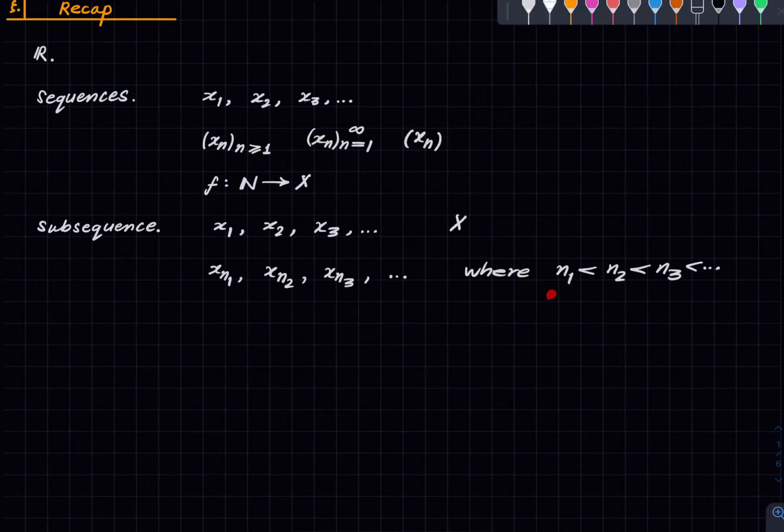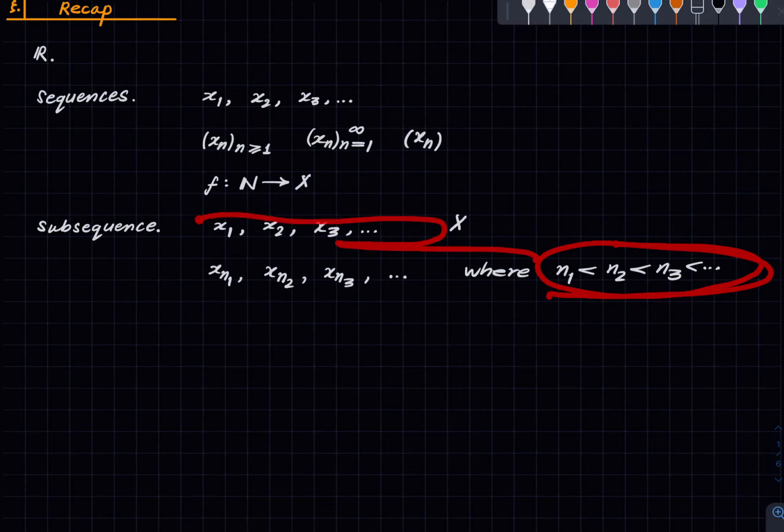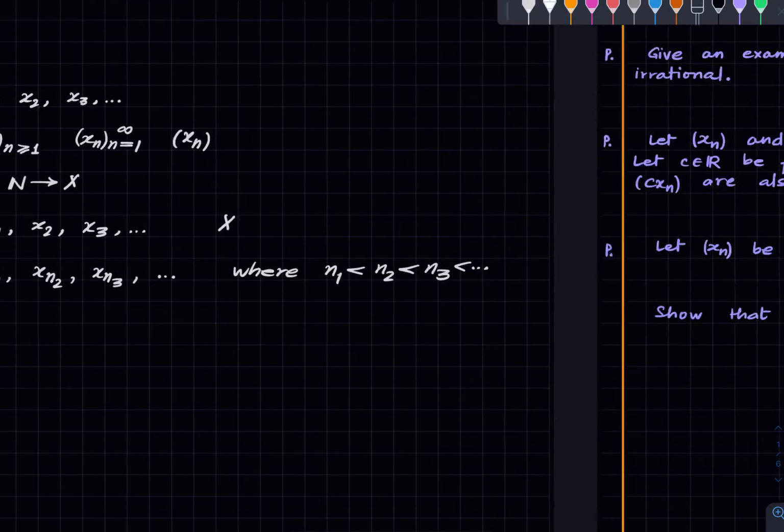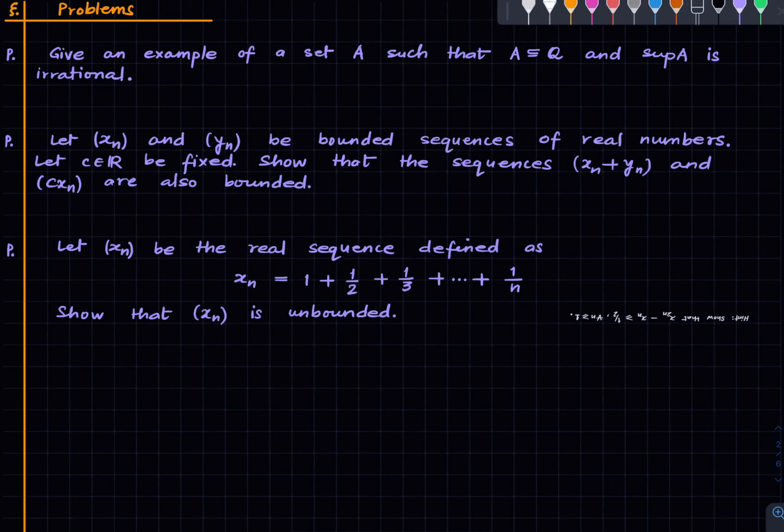So whenever you choose an infinite list of this sort, you get a subsequence of a given sequence. So we looked at it in detail. We also looked at the formal version of this, but let me not recall it here. If you like, you can go back to the lecture and look at it. Okay, so with that, let us move on. Here are some problems for practice. And now let us get started.